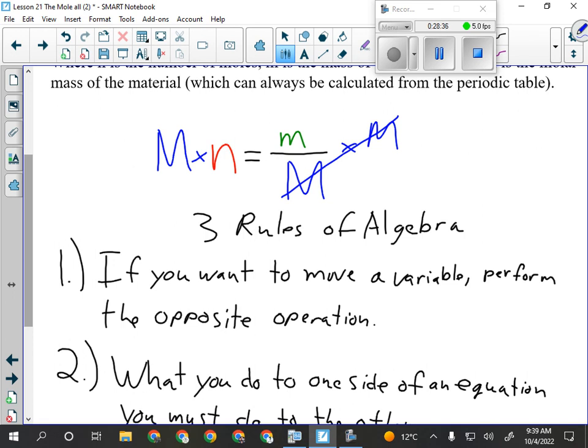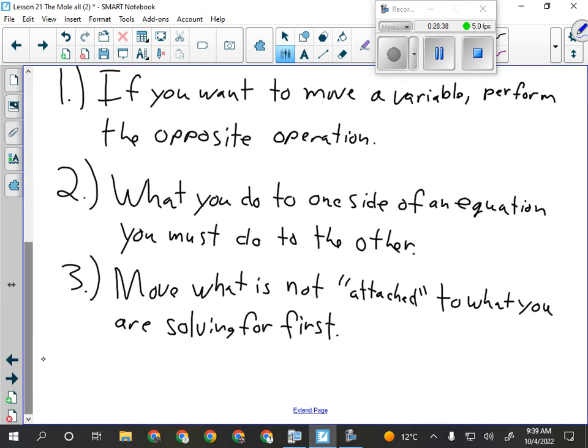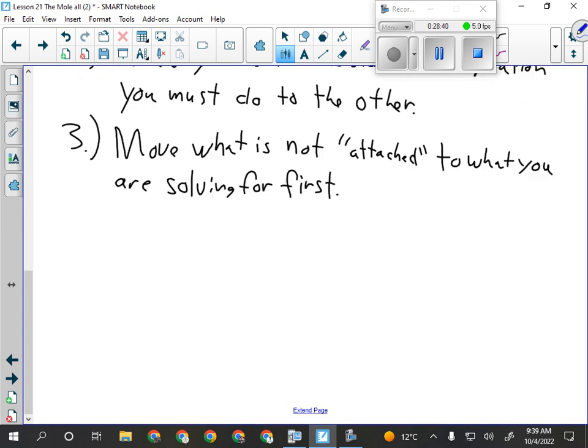This is probably better illustrated with this formula, which we will use later on. Okay, y equals m times x plus b. I want to manipulate for m. So I want to get m by itself.